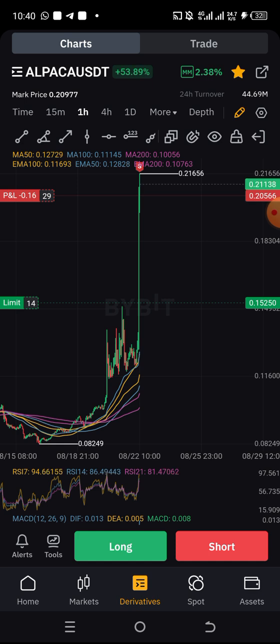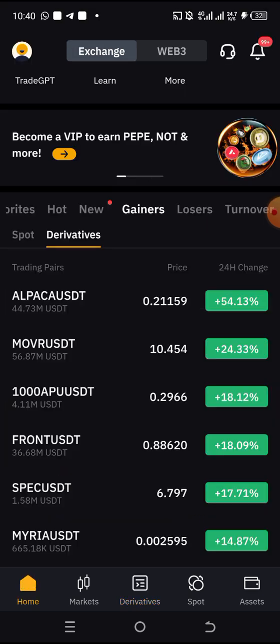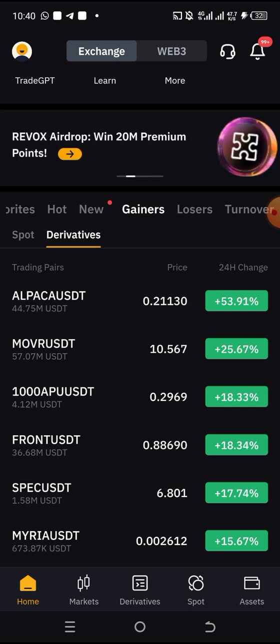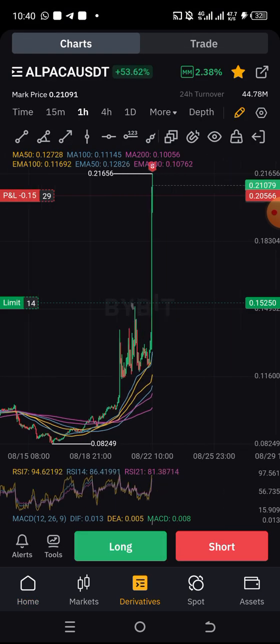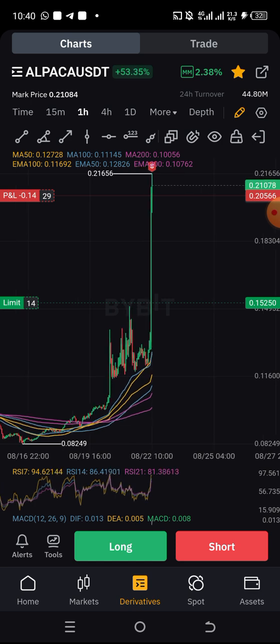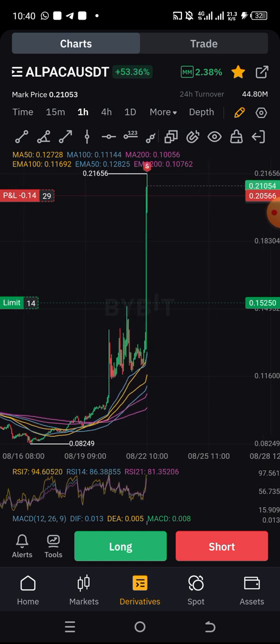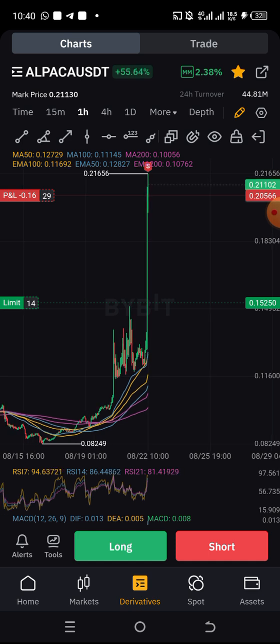So your first thing, you need to check the trending app and the trending coin, which is the gainer. After you have checked the coin, you use your RSI indicator to check the number. If the number is above 70, it is a sign that you should prepare to sell.